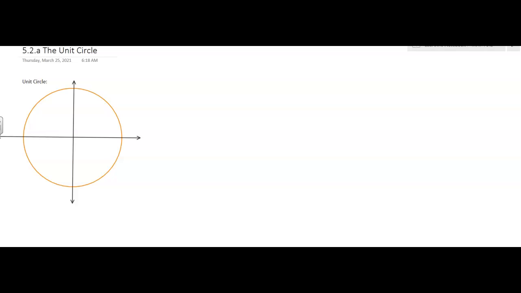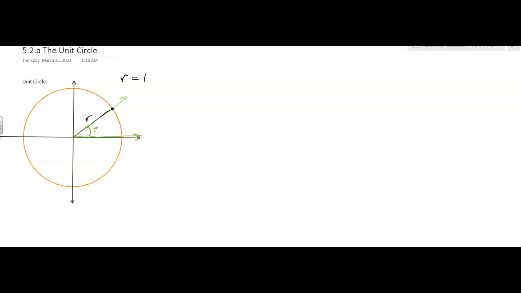Okay, by a unit circle, what we mean is that the radius is equal to 1. So say you have a point here on the circle, then from the origin to that point, that would be the radius, and we're saying that that radius equals 1. If we think about an angle in standard position, there's this measurement here, and we're going to call that t.